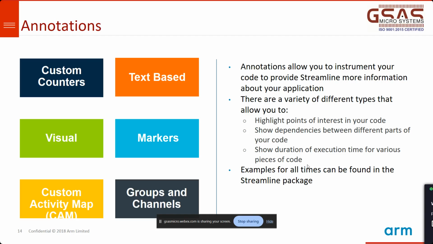Or you want to know the dependencies of specific code or different parts of your code, or you want to find the execution time of various different pieces of code. So using annotations, you can do all those. Streamline can collect that information and share it with you.